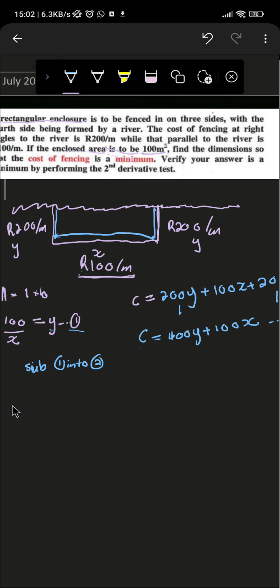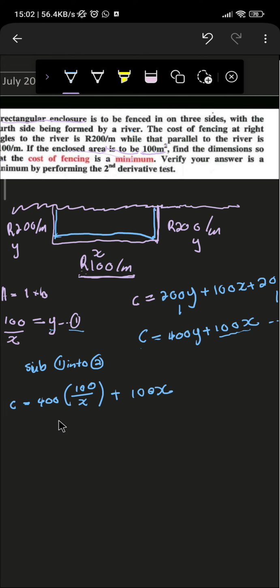So equation 2 says cost is equal to 400y. Our y is going to be 100 over x, and then plus 100x.